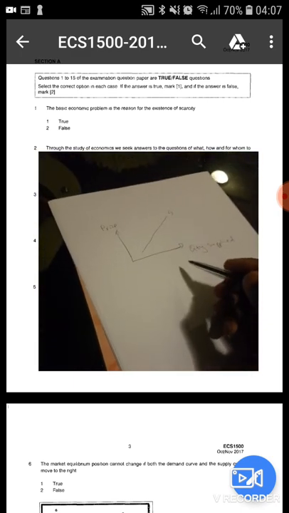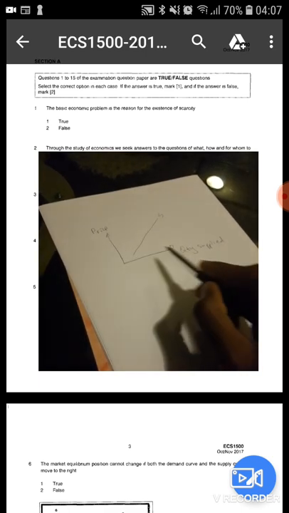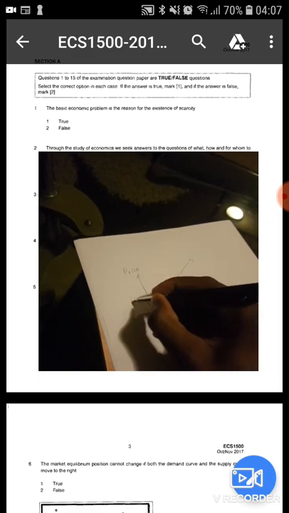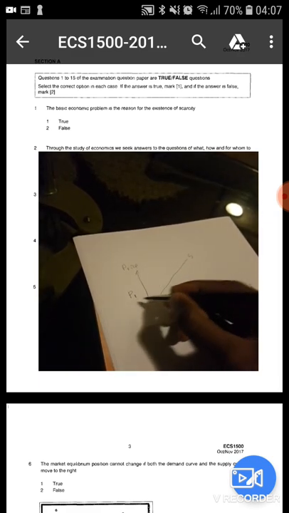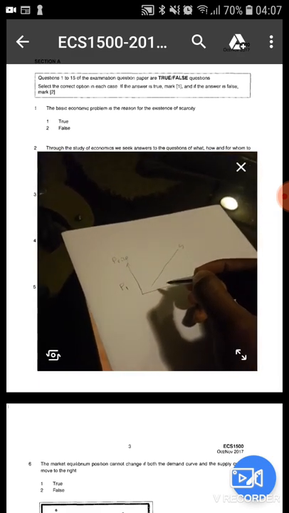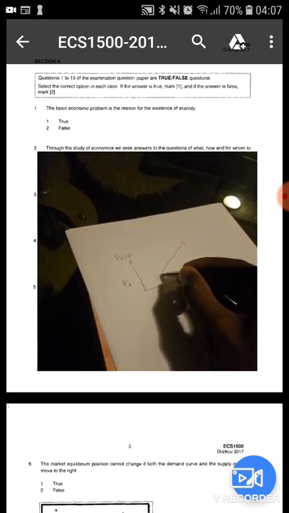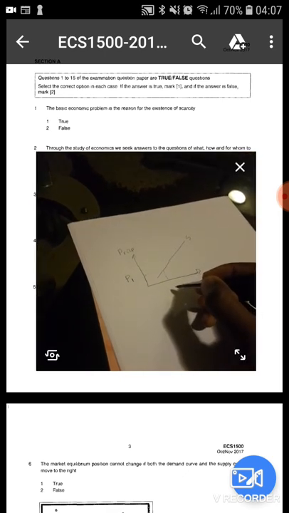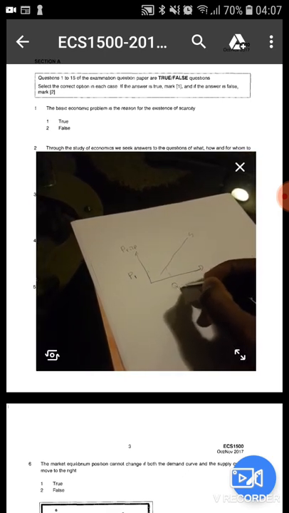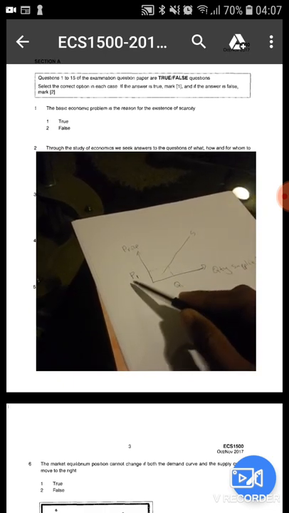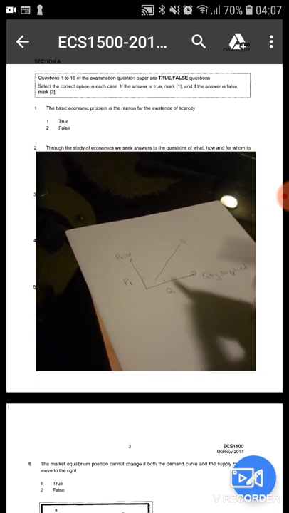So if they say the supply curve has a positive relationship between the price and the quantity supplied, this is true, because if price is less at P1, this is the market price, what's going to happen? If the suppliers see that the market price is less, they will respond in the market by supplying Q1. So because there is less market price, the suppliers will supply less quantity.